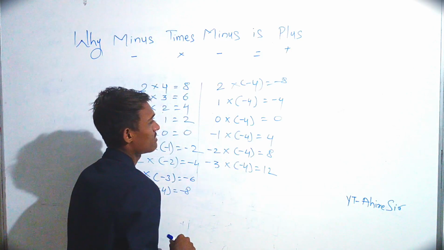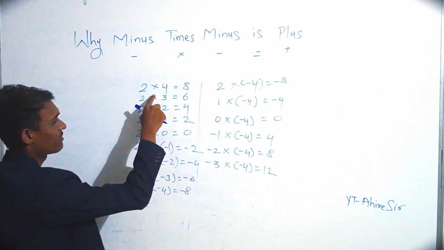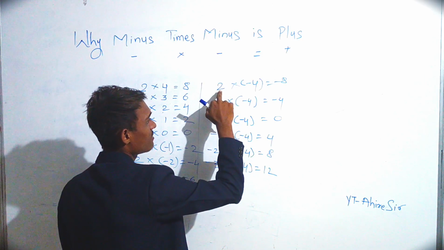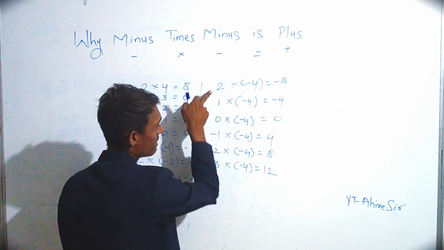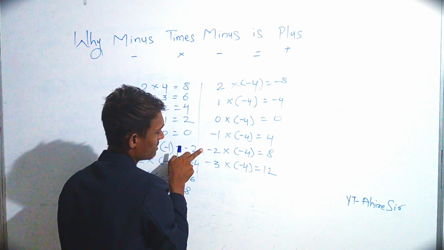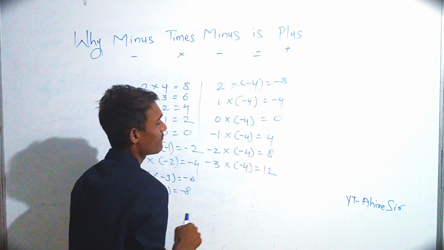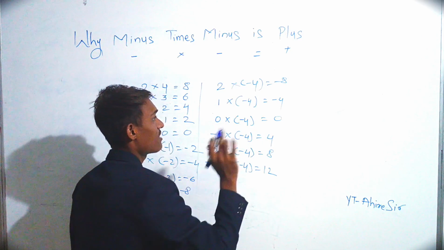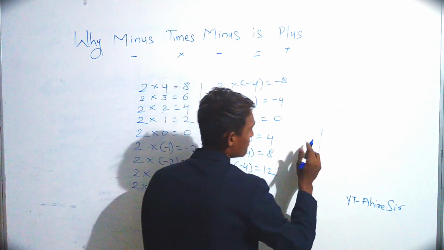What happened on the right-hand side onwards: 2 is here, then 1, 0. Every time we reduce 1 from the first number, and we keep minus 4 as a constant. What happens on the number line?